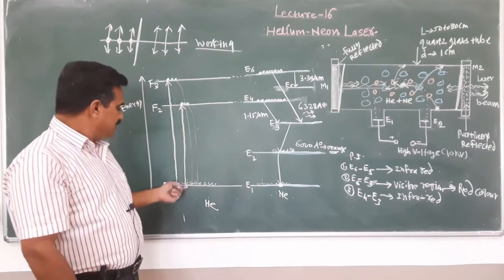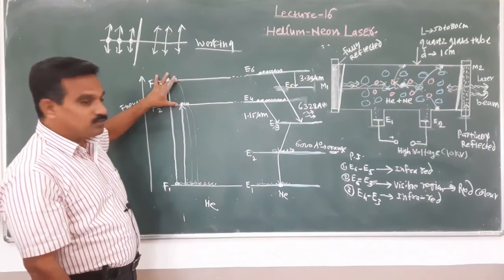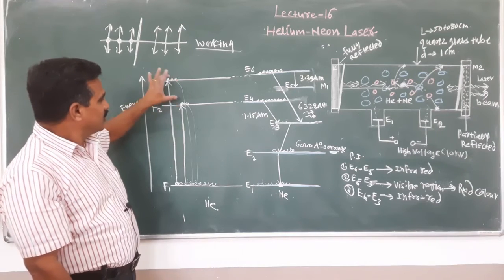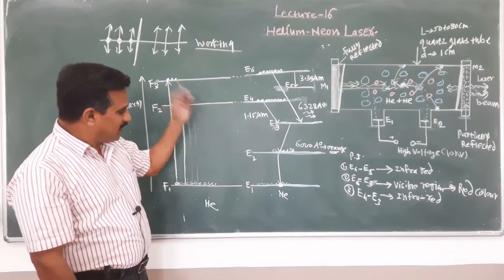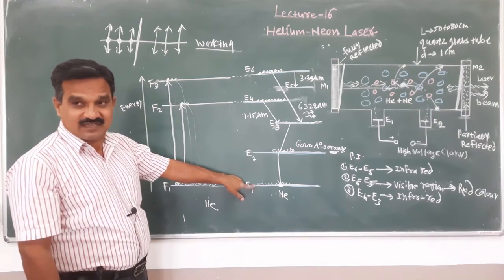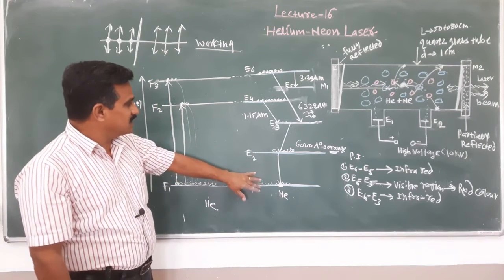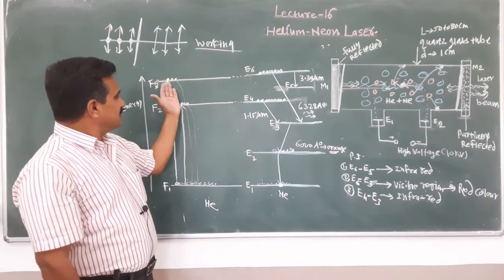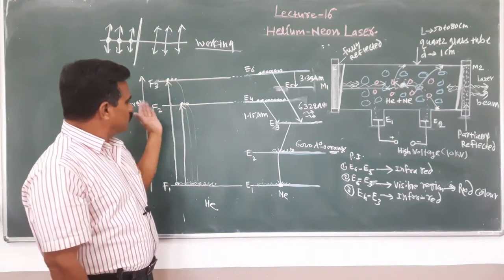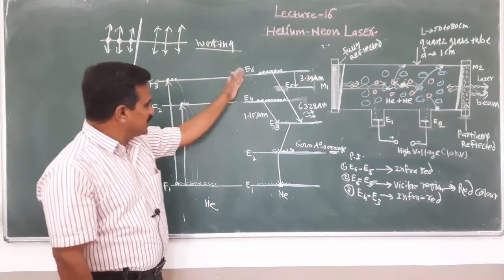Continuous means these electrons jump from F2 to F3, they collide with the neon atoms in the ground state, and these jump from E4 to E6. Energy transfer takes place from F2 to E4 and F3 to E6.